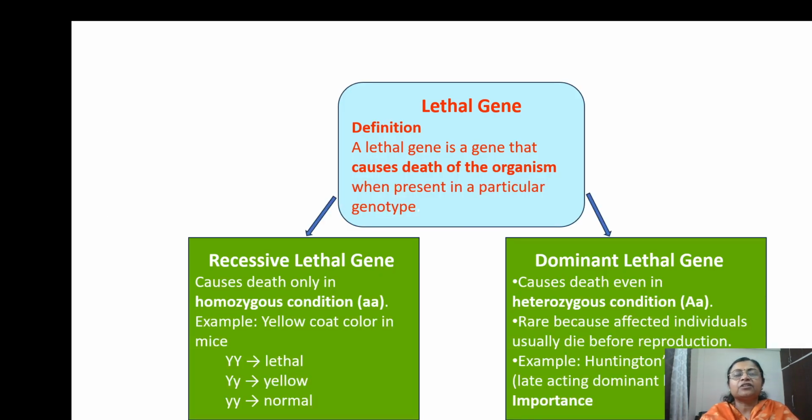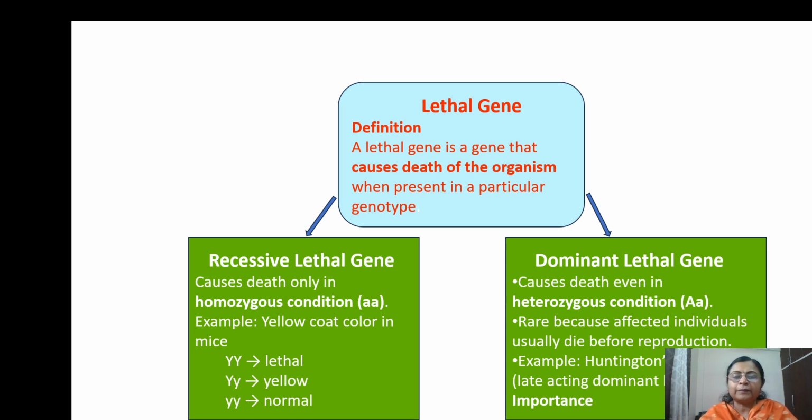There is again a certain concept. Lethal gene. A lethal gene is a gene that causes death of the organism. Suppose the gene is present in a particular genotype, then it is responsible for the death of that organism, of the cell.